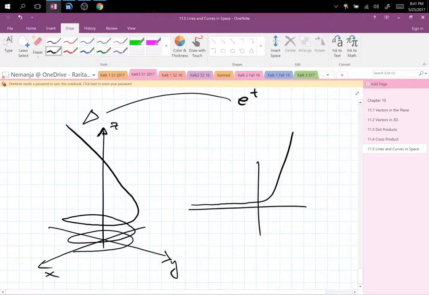Lazy, lazy, lazy, and then it explodes up. It is still going to curve around, but you have to wait a long time before it makes the full loop, right? Because it's exponential, it grows quickly. So the helix is a combination of a circle and then the growth.